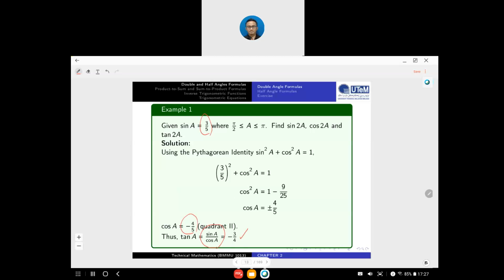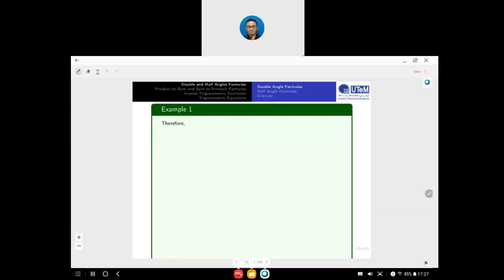After you have sine A, cos A and tangent A, you can find sine 2A, cos 2A and tangent 2A by using the double angle formula. We know that sine 2A equals 2 sine A cos A. Kalau sin ada satu formula ni je, kalau cos ada 3.